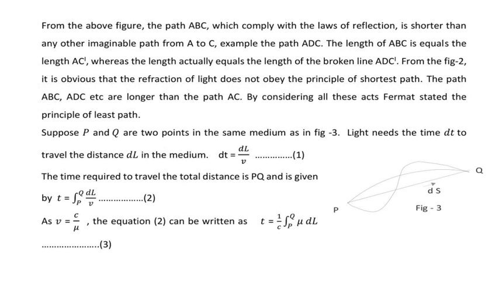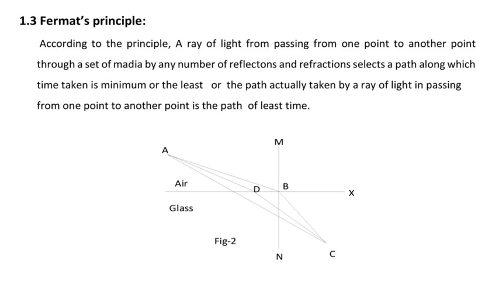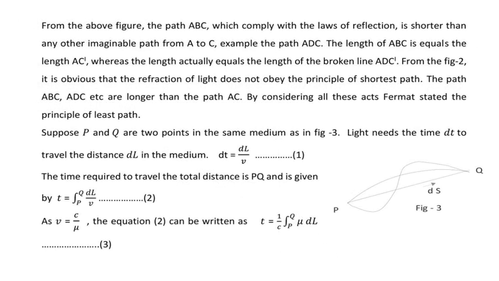From the above figure, the path ABC, which complies with the laws of reflection, is shorter than any other imaginable path from A to C, for example the path ADC. The length of ABC is equal to the length AC dash, whereas the length actually equals the length of the broken line ADC dash.